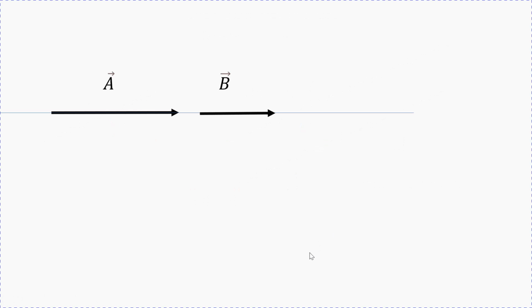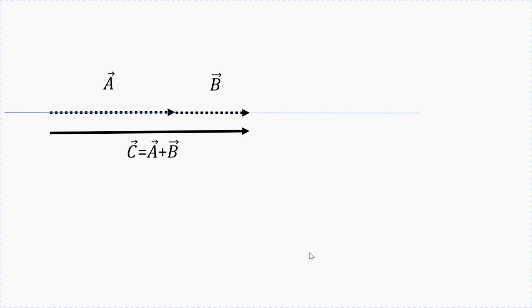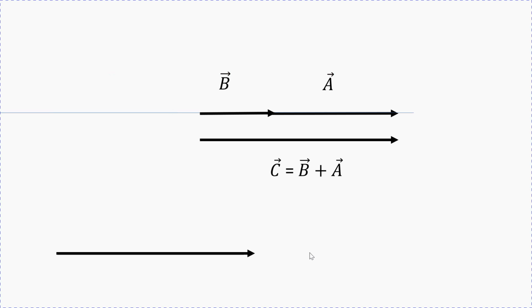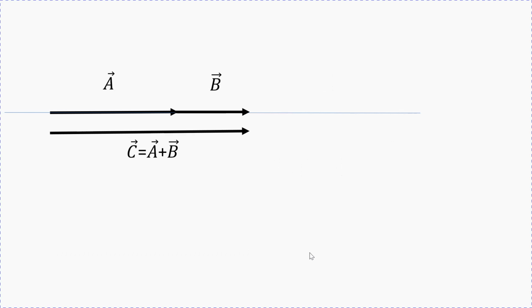You have vectors a and b. You put the tail of b next to the head of a, and the resulting vector is going to be a longer vector, c, a plus b. You can also have b plus a. You put the tail of a on the head of b, and you still get the same vector: same length, same magnitude, same direction.